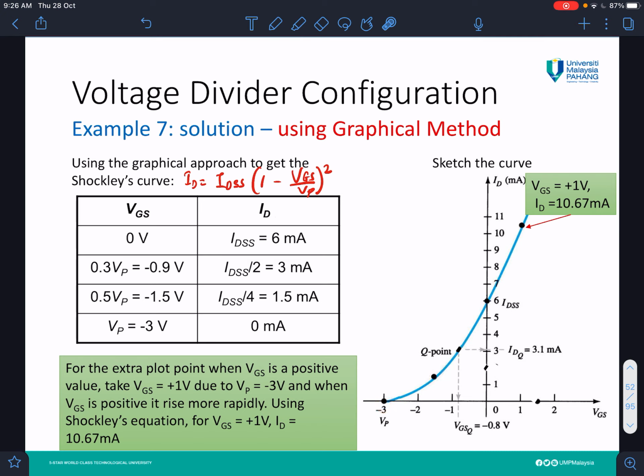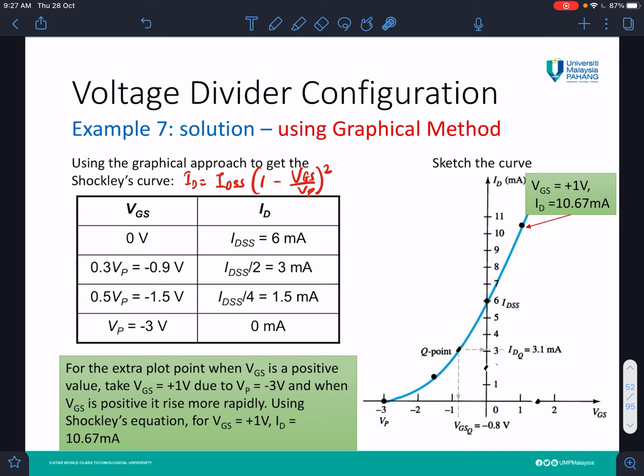However, for the DMOSFET, we know that the ID current is always greater than the IDSS. Here is the IDSS. The current actually is increasing, so this table only produces a curve from this part only.